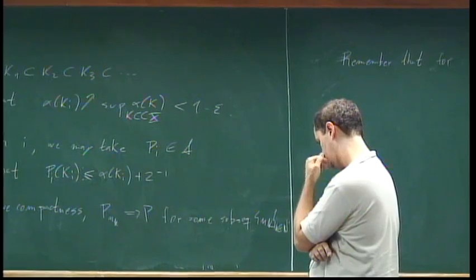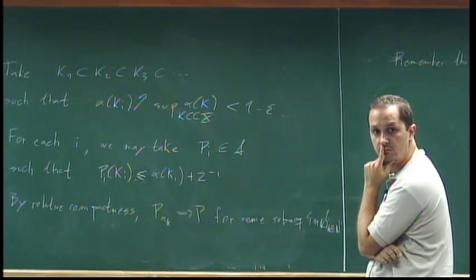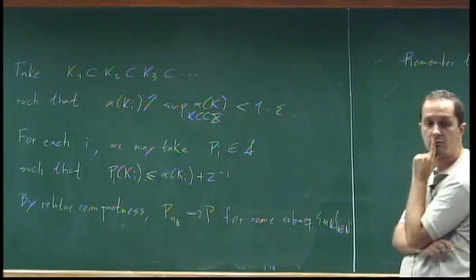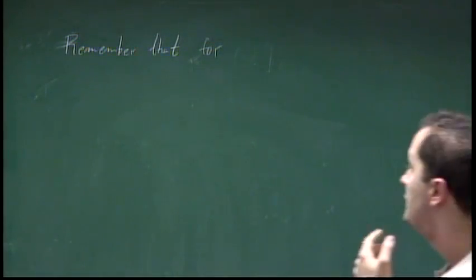Where is it? Oh, the portmanteau? Yeah. So for closed sets, I have that the lim sup is less than the limit of the measure. But, alright, so what do I want from this? I want that.